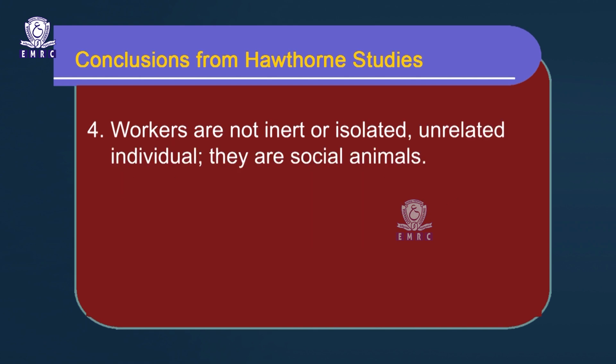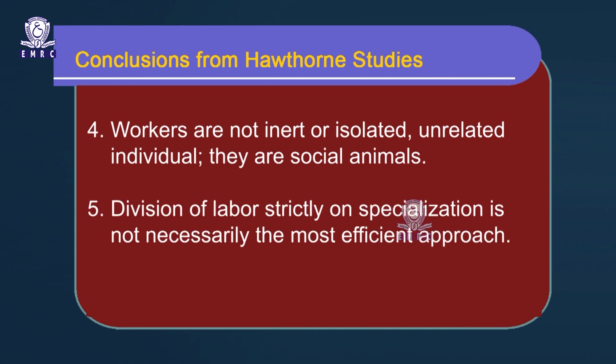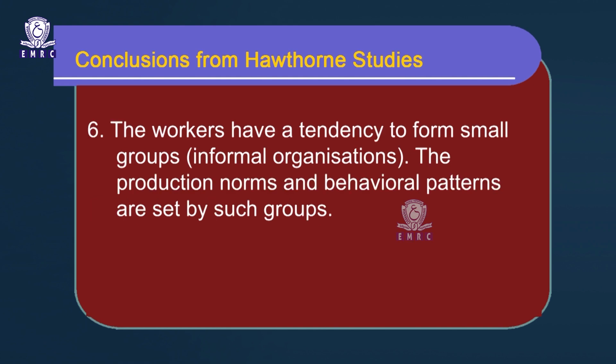Workers are not inert or isolated, unrelated individuals, they are social animals. Division of labor strictly on specialization is not necessarily the most efficient approach. The workers have a tendency to form small groups, informal organizations. The production norms and behavioral patterns are set by such groups.